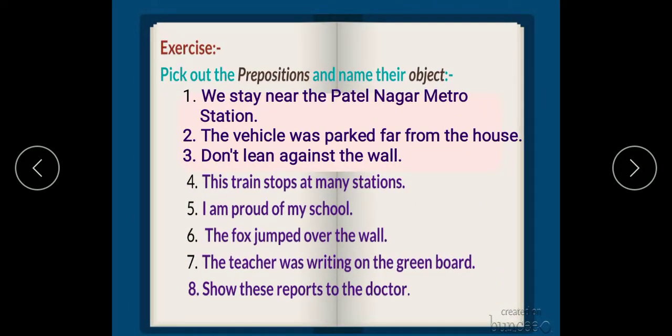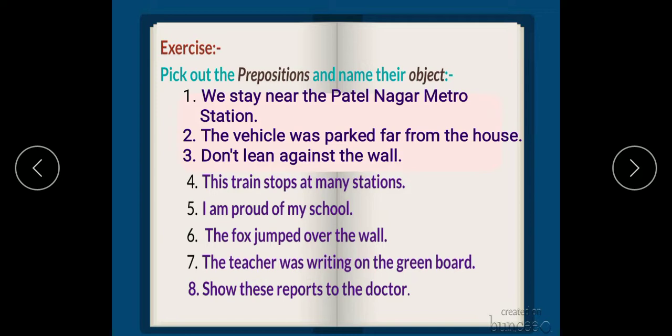Now you have one exercise. Do it. What you have to do, you have to pick out the prepositions and you have to name their object. It's very simple, very easy. We stay near the Patel Nagar metro station.